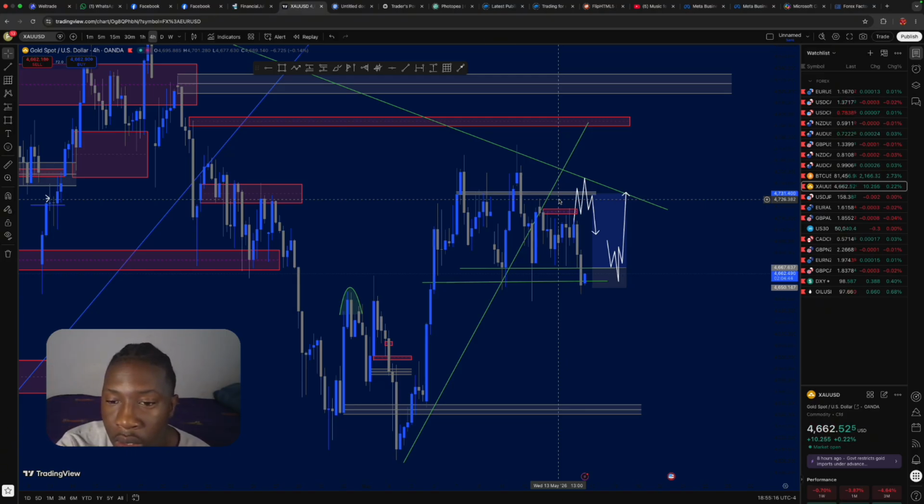I just leave it so that it will do its moves correctly, and then I'll take the trade when I see my moves. But with that analysis, it did another move to the downside, also reaching this low.